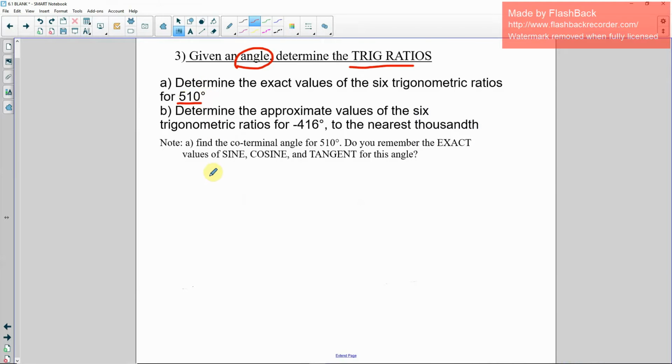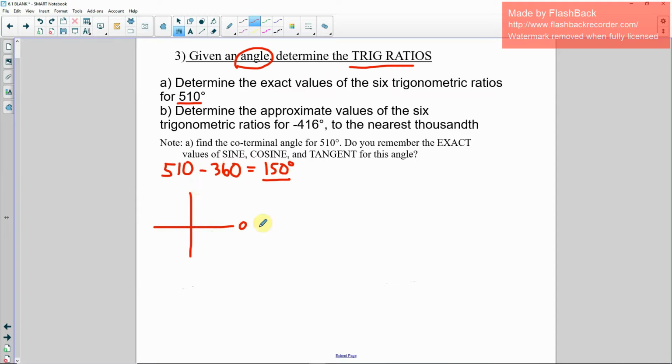So here they're saying 510 degrees is the one that we want to figure out the 6 primary trig ratios for. First of all, 510 degrees doesn't land on our 0 to 360 circle, so we'll just find a coterminal angle for it, because that'll be the same. If we subtract 360, you get 150 degrees. Now that's the angle in standard position. We need to know the reference angle.